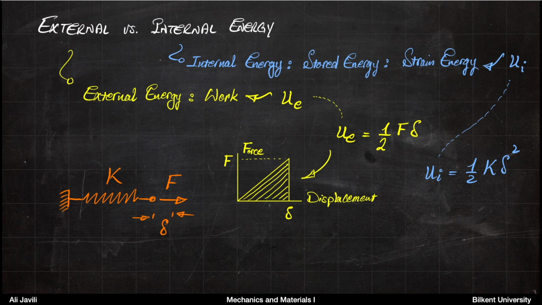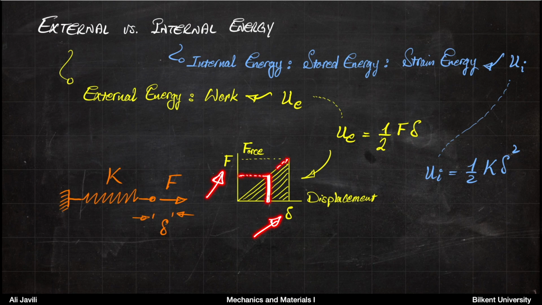Now, if you think of this example, you can imagine that at any distance, or change of length delta, the force itself is F. And the relationship between the external force and displacement is linear. So if you remember F equals K delta, basically that would tell you that.